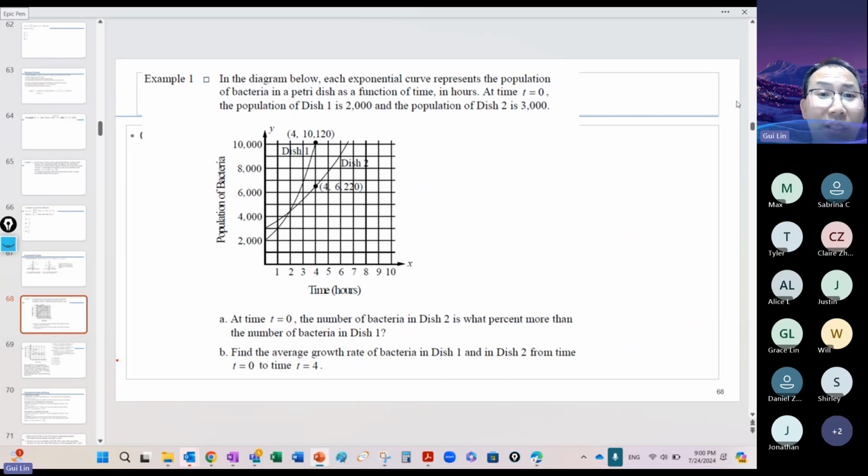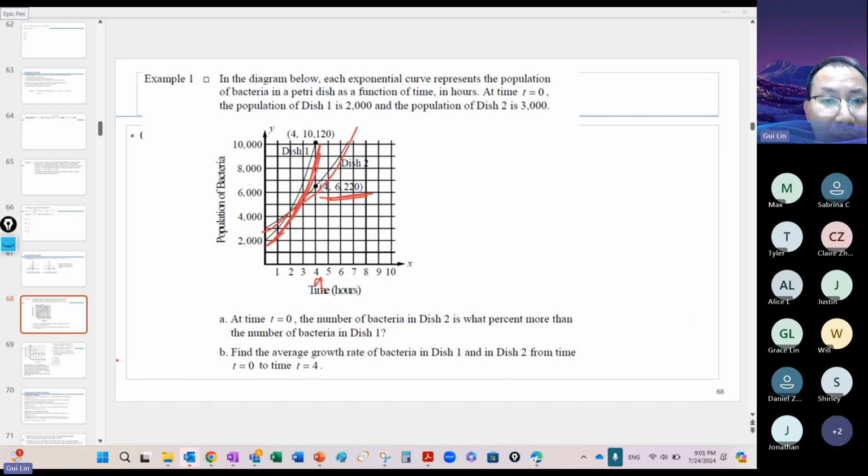They're both growing, but with different bases. Dish 1 starts at 2,000 and grows much quicker, reaching 10,120 at 4 hours. Dish 2 starts at 3,000 but grows a little slower, reaching 6,220 at 4 hours.